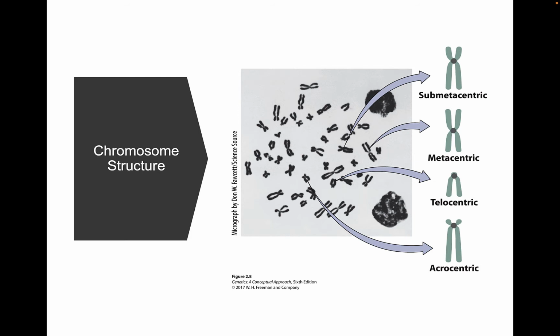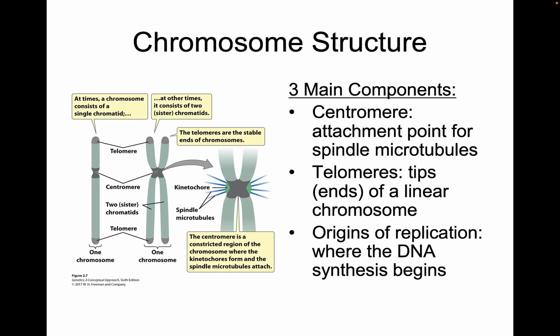So looking at the structure of the chromosome, you'll see that eukaryotic chromosomes can be divided into four major types based on the positioning of the centromere. One thing that I want to make sure I point out, let me back up for a second to explain this portion.